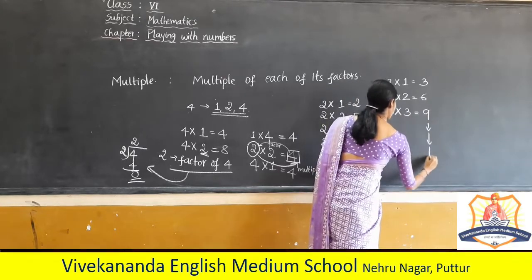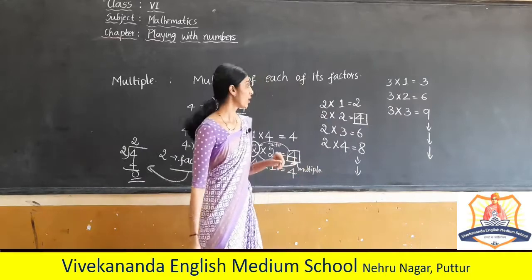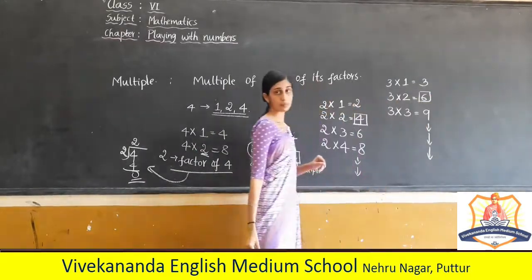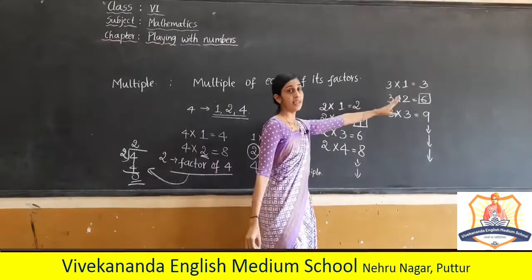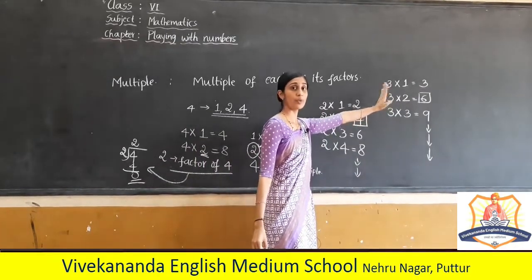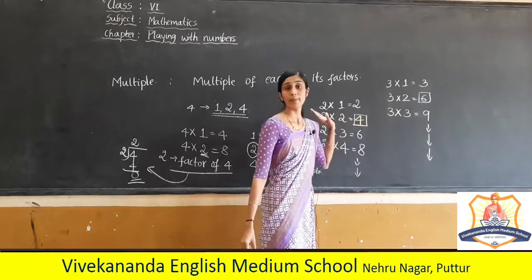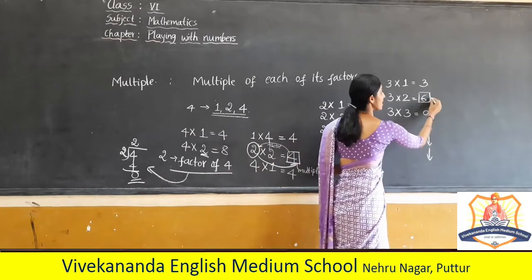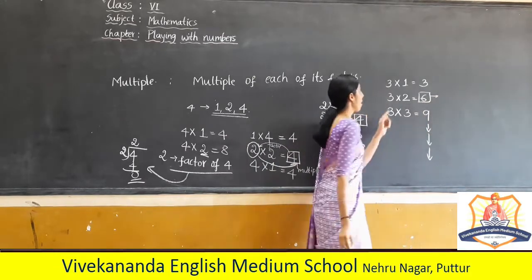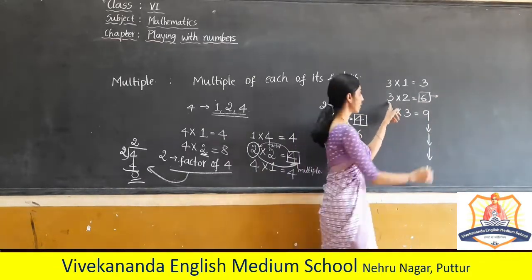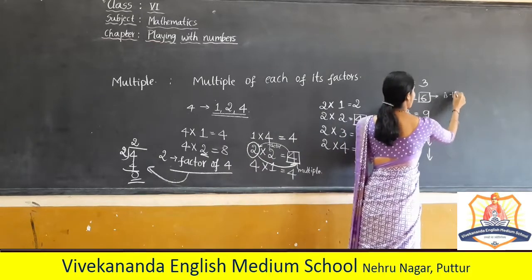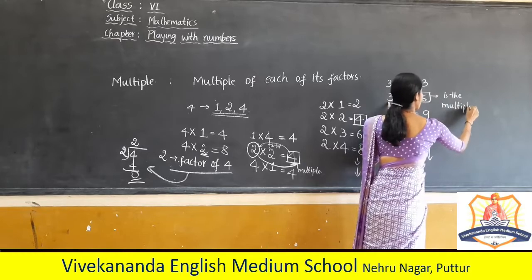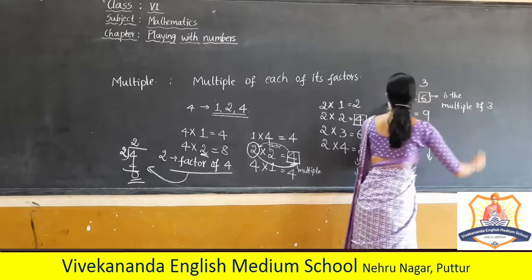and so on. Understood? Here if I consider the number 6, what is the link? How can you connect multiples and factors here? Here 6 is a multiple of 3.